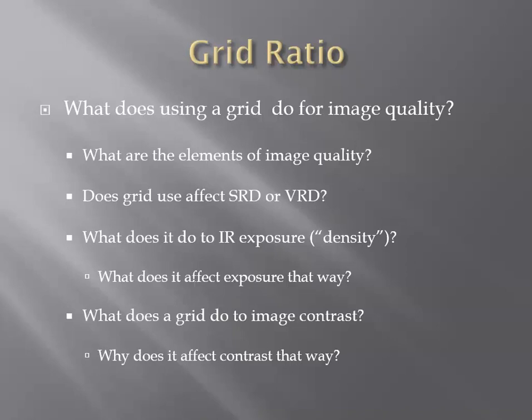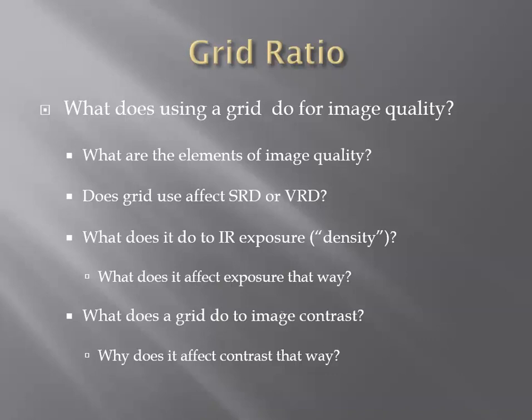So it affects the image receptor exposure by decreasing the exposure to the image receptor. And what we want to do is we want to compensate with the increase in mass. Unfortunately, what that's going to do is increase patient dose significantly, again by 2, 3, 4, 5, even 6 times the radiation dose to the patient.